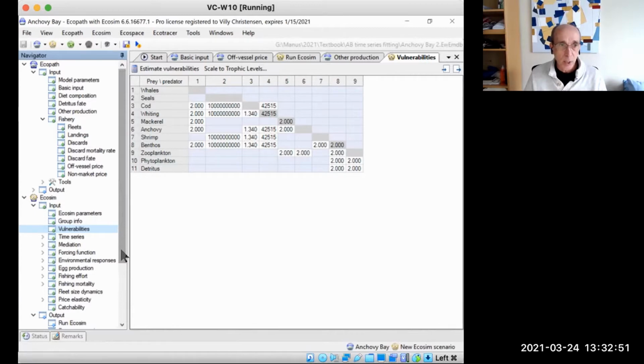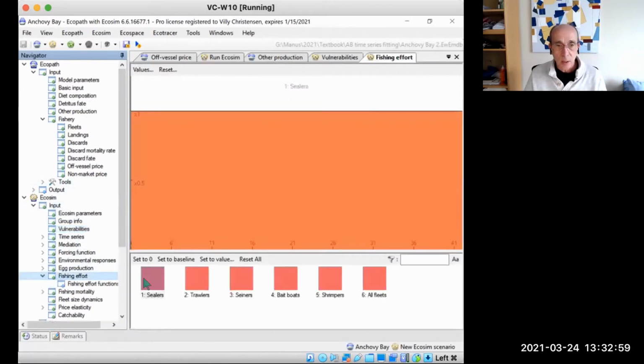So what we can do now, and it would be a good idea if you're working on this, is to go in and, because we're going to explore this, reset all the fishing efforts. So I'm in Ecosim, input fishing effort, and in here we can see at the lower part that all of the fleets have just the same conditions as in Ecopath, same procedure as last year.